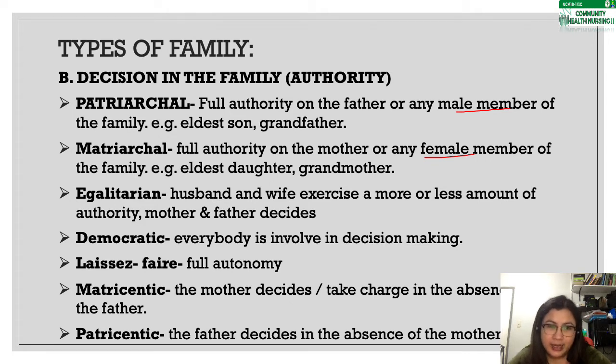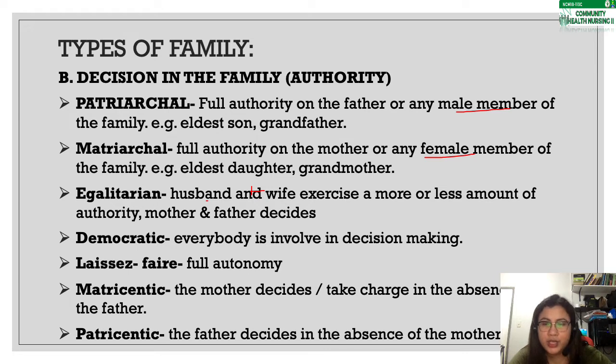The egalitarian is the husband and the wife. They are the ones who are deciding for the family. Whoever the two of them are, whatever the decision made by one, plus the decision made by the other, they combine them, and that's an egalitarian decision making type of family. The democratic is everyone.